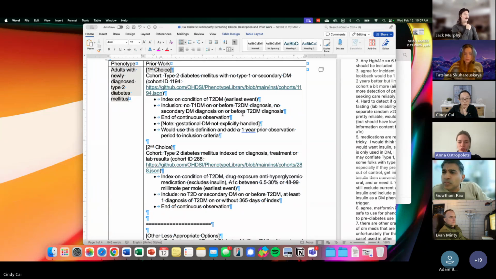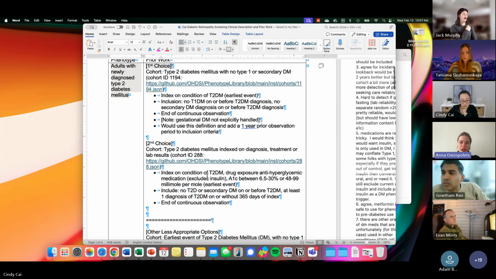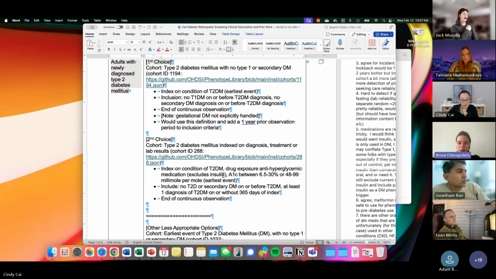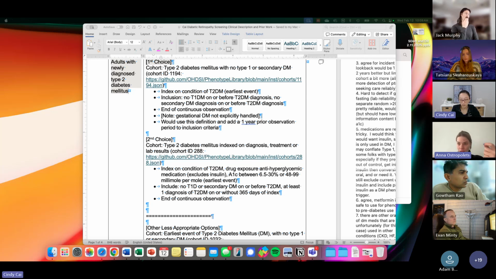The second choice indexes on condition of type 2 diabetes or drug exposure of anti-glycemic medications or A1C, and then excludes patients with other diabetes. So the second choice has the potential to be more sensitive because it has drug exposures and A1C as alternate entry criteria. That has the potential to capture more patients, which you want.